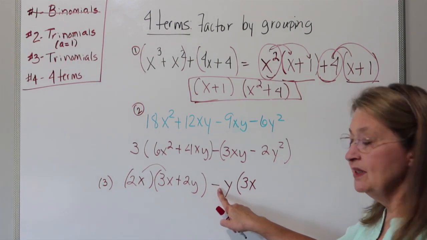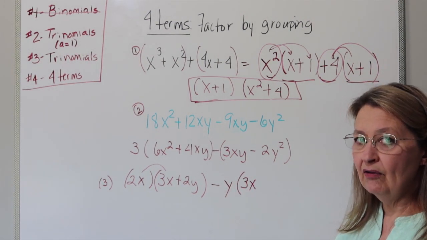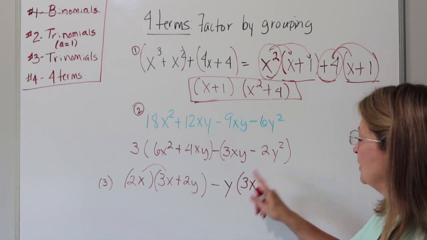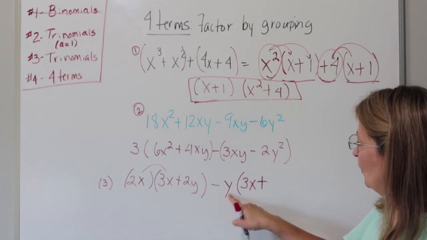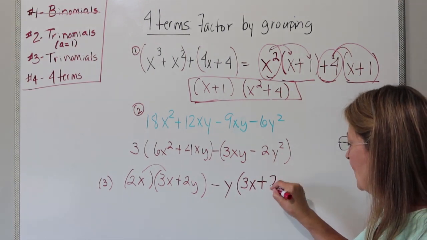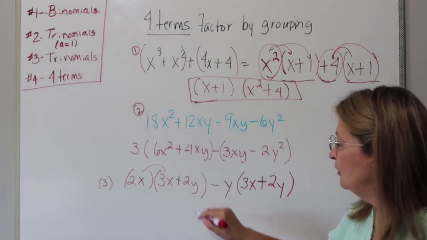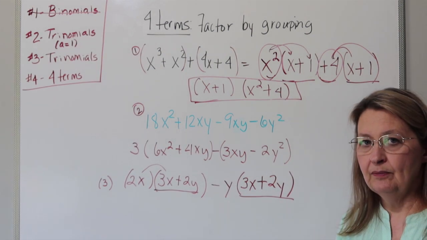This one is different because this number is negative. So when you pull that negative out, it reverses the sign in here. So this is going to become a plus sign. Now when I take y out of 2y squared, I get 2y.